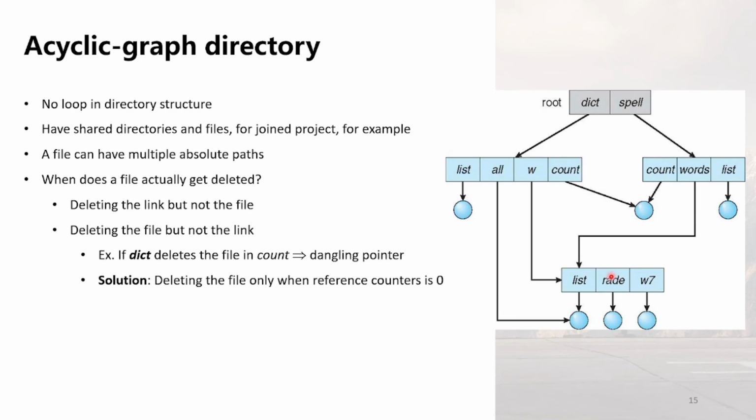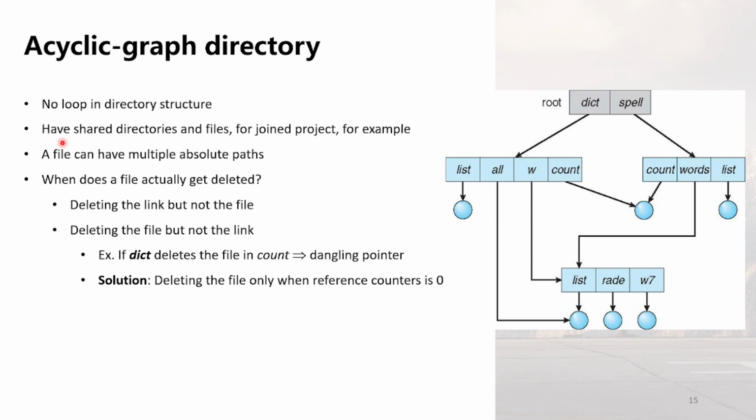Firstly, notice that in an acyclic graph directory, there are no loops. This means a directory cannot contain itself, either directly or indirectly, which prevents endless loops during directory traversal.